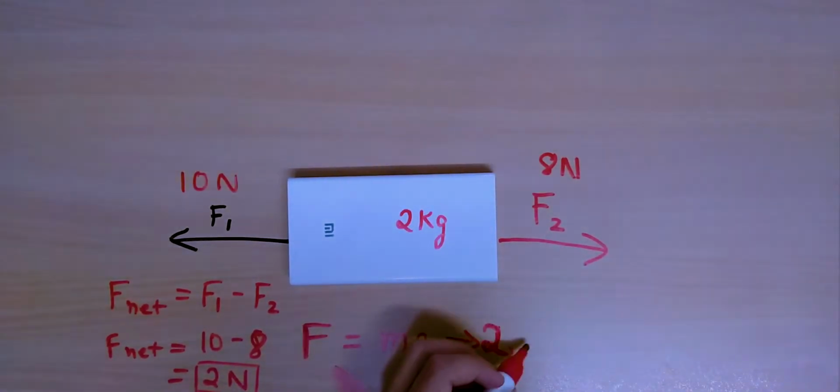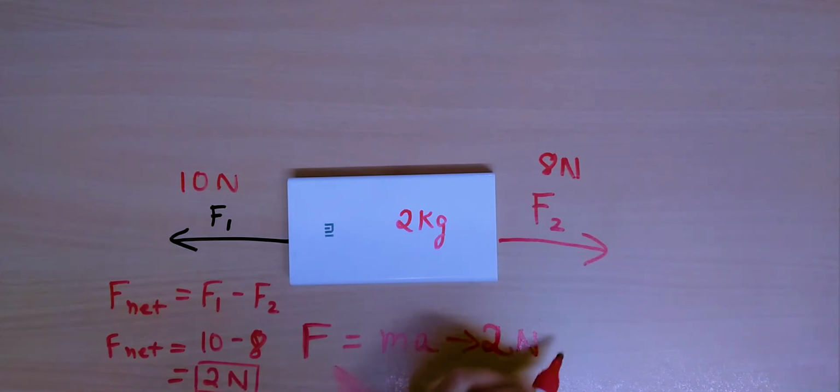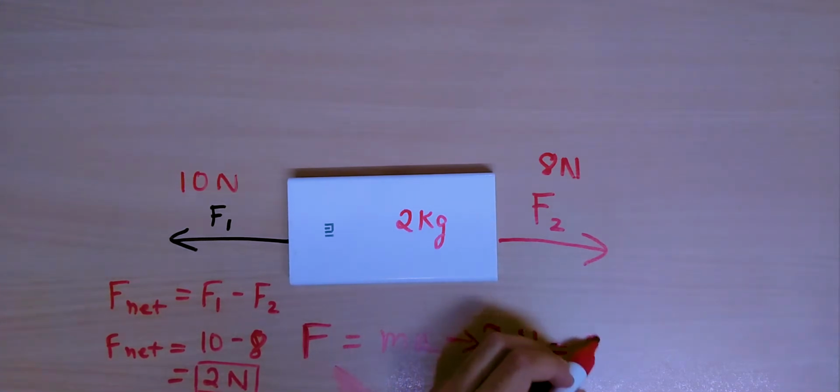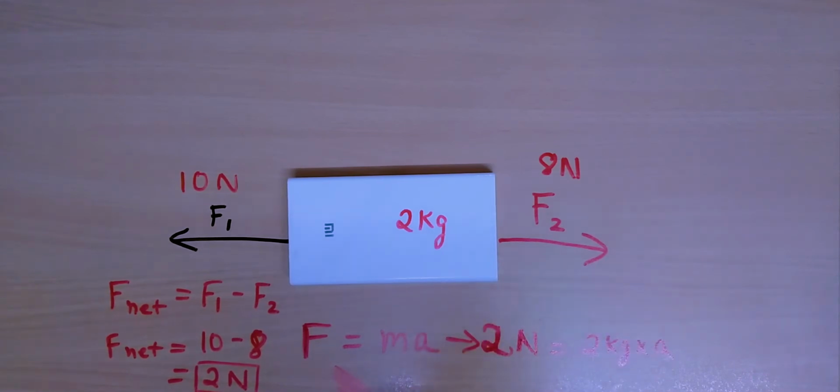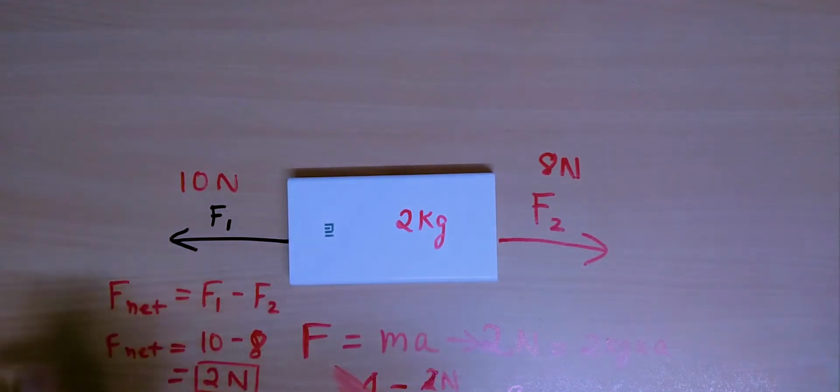I'll take 2 newtons because that is the net force on the object, and that equals 2 kgs into its acceleration. Now I can shift this 2 kg to this side, and when I do that, I get 2 newtons divided by 2 kg equals A, and 2 divided by 2 is simply 1. So the acceleration I get is 1 meter per second squared.